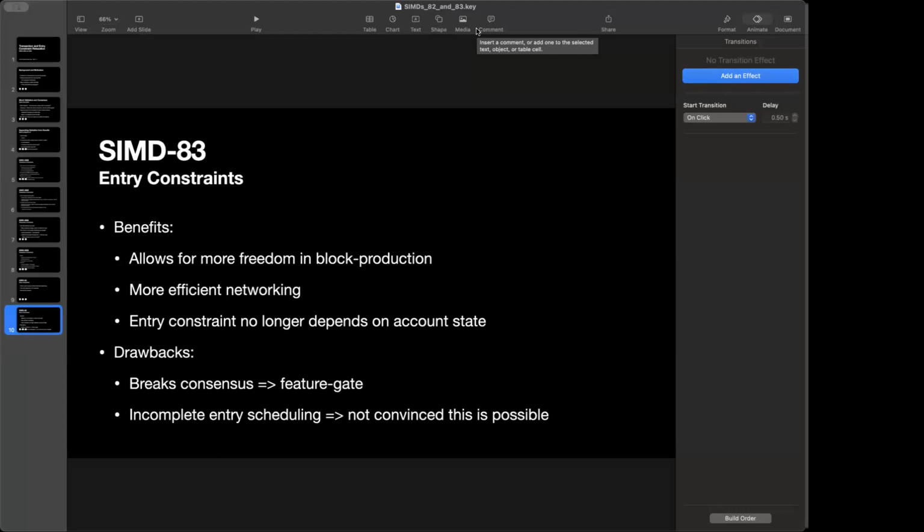It might be technically possible to receive a partial entry and begin executing. I'm not 100% sure it is, but if that is possible, this SIMD would make that impossible, because unless you receive the partial entries in order, you don't know that previous transactions in the entry don't conflict with them. So you sort of have to receive at least in order.